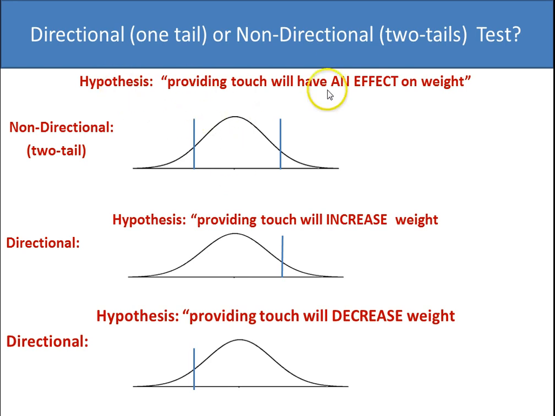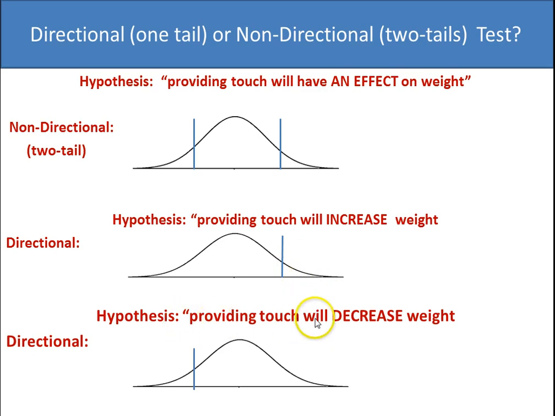So if the hypothesis states just an effect without a direction, then it's a non-directional hypothesis, and we need a two-tail test. We would look for effects in both tails. When the hypothesis is directional, either an increase where we expect that the effect of the study will go in this direction, then we would look for an effect only on the right-hand tail.